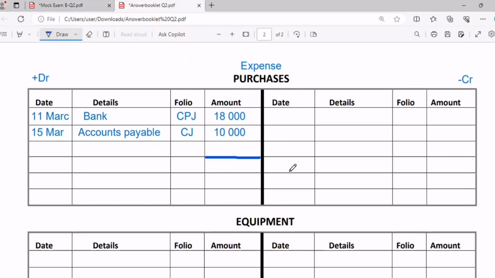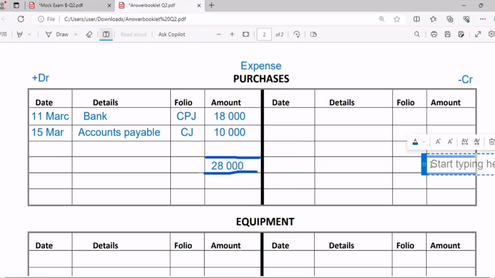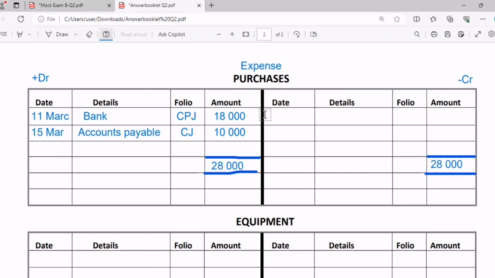So the bigger side here is debit. So 18 plus 10, the total is 28,000. So we have 28,000. So we show this on both sides. Then at the end of the month, for purchases account, we don't determine the carried down, but we transfer the balance to the account that is called trading account.